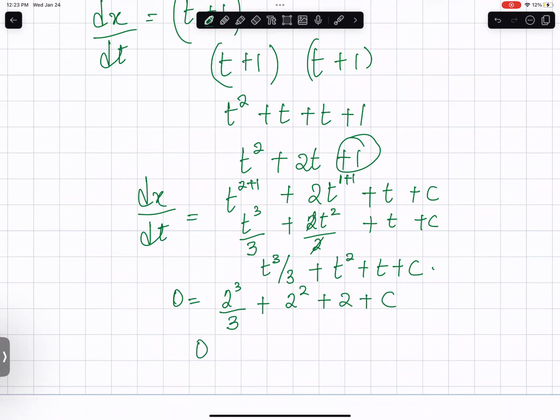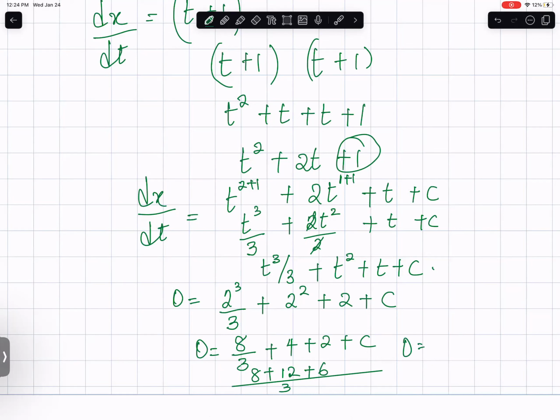So this gives us 0 equals 8 over 3 plus 4 plus 2 plus c. Looking for the LCM of this gives us 3. This gives me 8 plus 12 plus 6, which will give us 26. We have 0 equals 26 over 3 plus c. So c becomes 0 minus 26 over 3, which is minus 26 over 3.